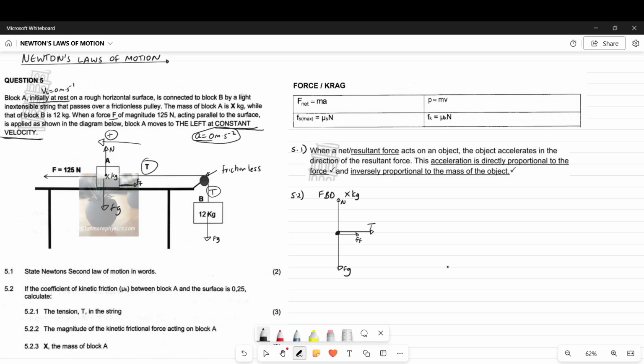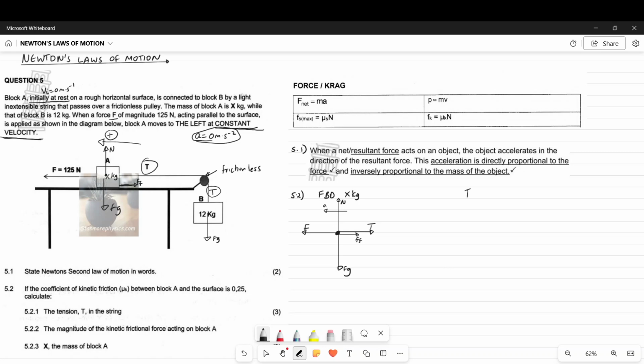Remember to make your frictional force very small, not too small, but a little bit less than other forces. And then you're going to draw your applied force, just like that. Then you can put a small slight arrow over here indicating this is the direction of the motion.